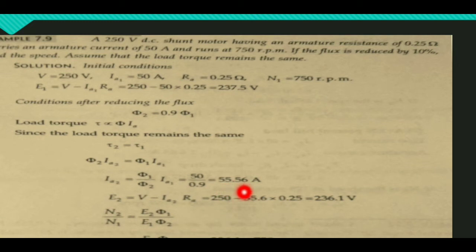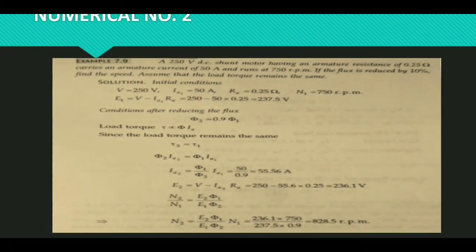That is the value of Ia2. From there we can write the value of E2, the back EMF in the second condition, that is V minus Ia2 into RA. So 250 minus 55.6 into 0.25, the armature resistance, equals 236.1 volt.